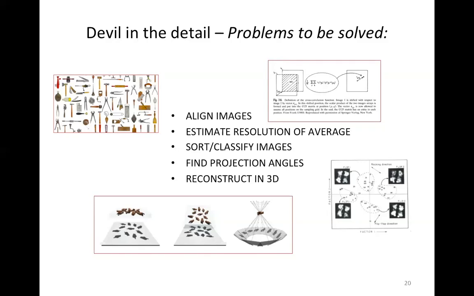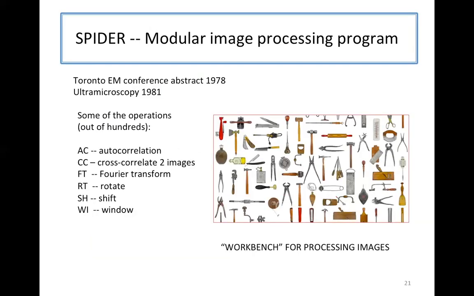So we had to put this on the table as well. Faced with these problems, I developed SPIDER, a modular image processing system. The idea is we cannot simply continue to develop one gigantic all-purpose program. We need a modular program.